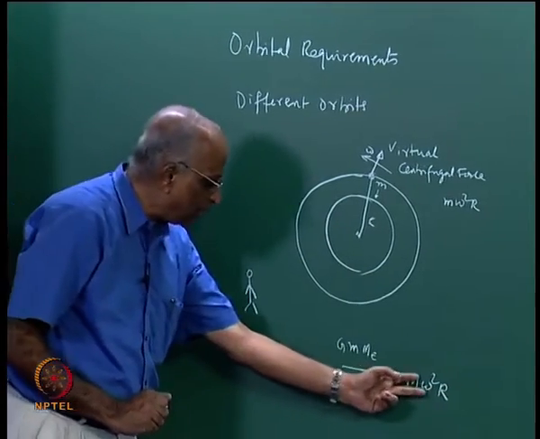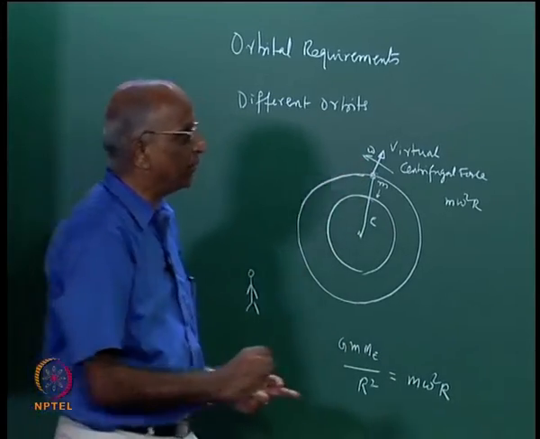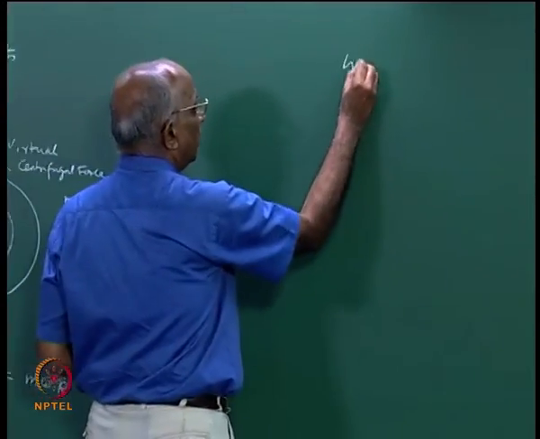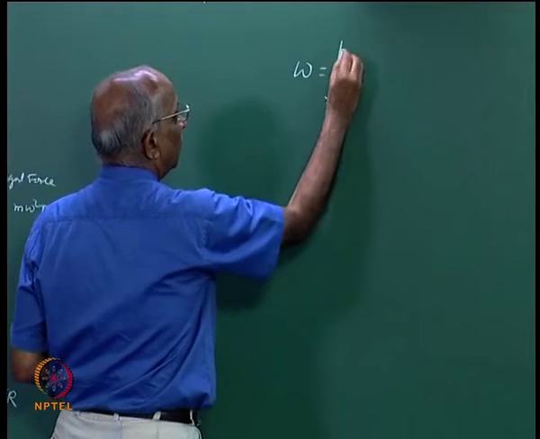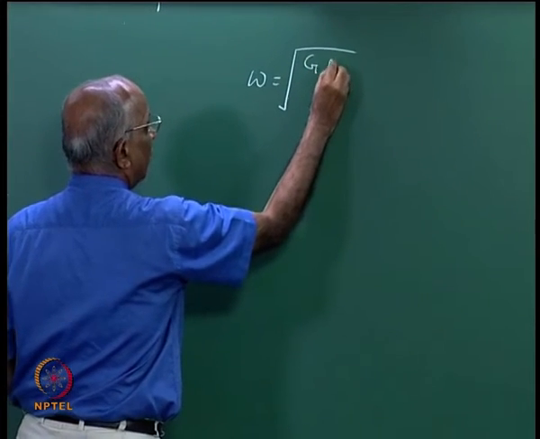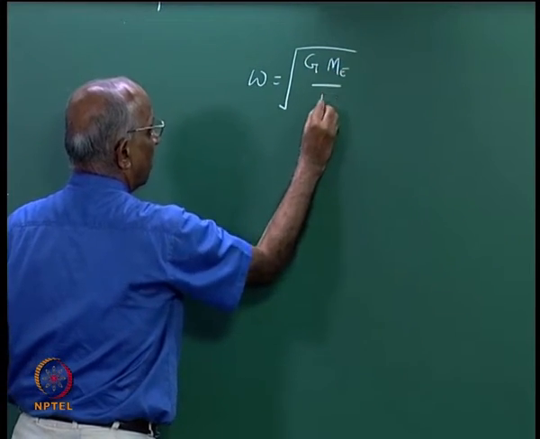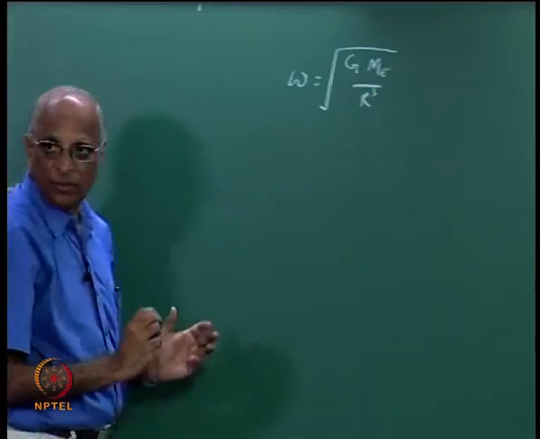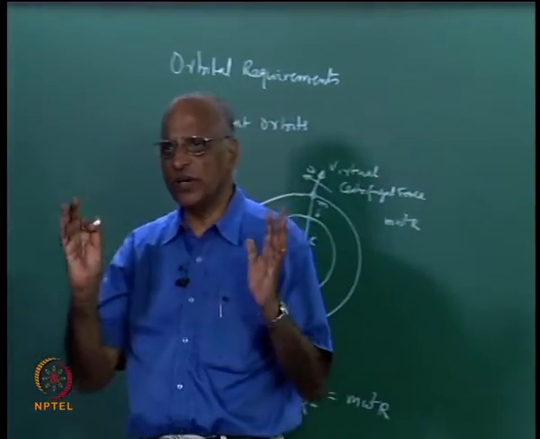Therefore we were able to get the angular velocity of rotation omega equal to under root G me by r cubed. So many radians per second. This is what we did.